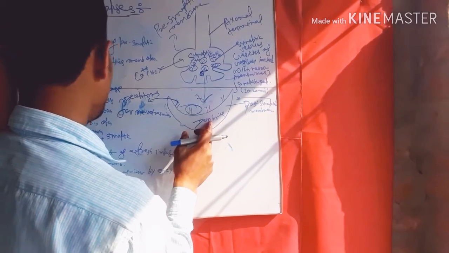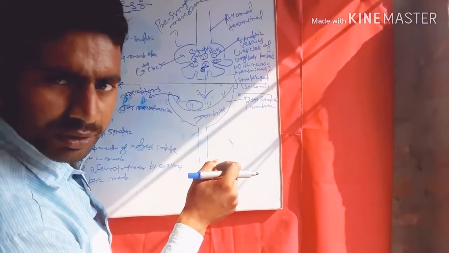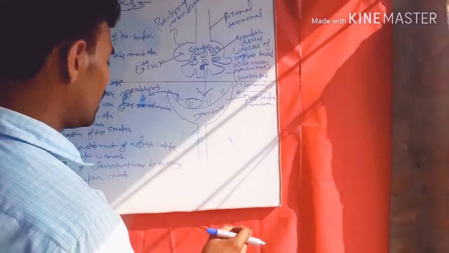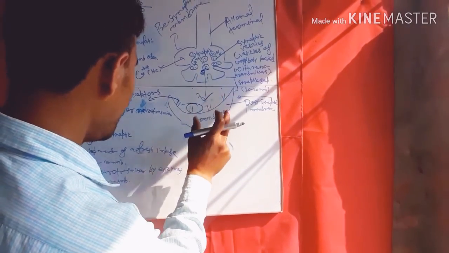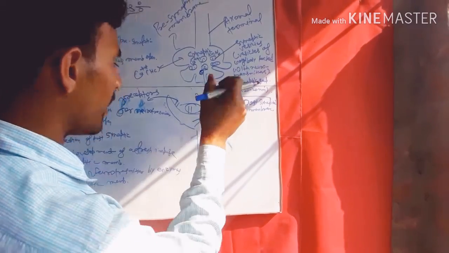Then depolarization of postsynaptic membrane. After that, it results in development of a fresh impulse on the postsynaptic membrane.